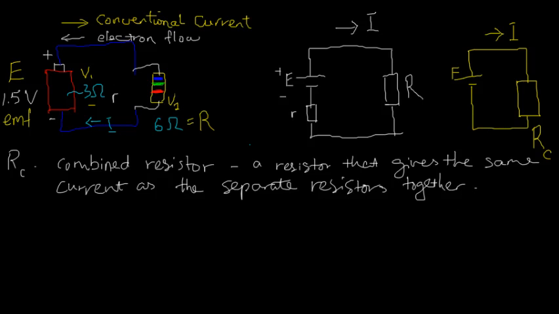So let's see how we can find this resistor. We need to make use of the equations we know that relate the resistance to the current and the voltages. So let's see.